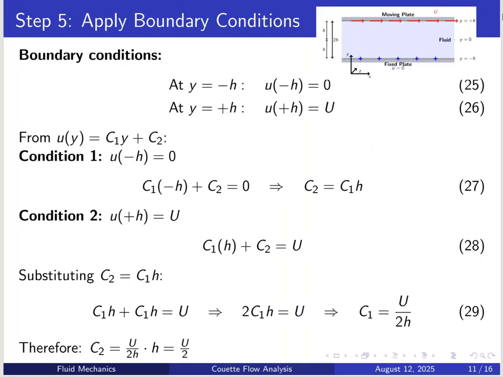Now the second boundary condition: u at plus h is capital U. So c1 h plus c2 is U, and c2 is c1 h.